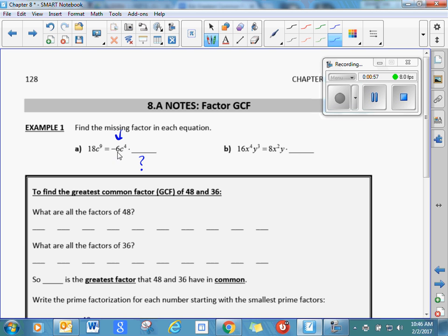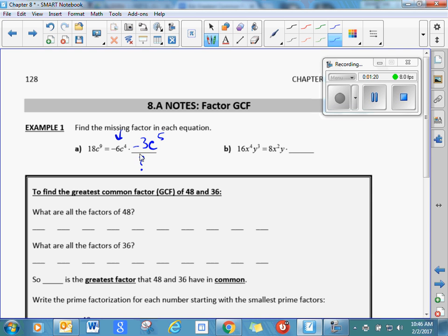Obviously, to get from negative 6 to positive 18, you need to multiply by negative 3. And to get from c to the fourth power to c to the ninth power, remember when we have like bases and we're multiplying, we add. So what do we add to 4 to get to 9? C to the fifth. So that's the answer.